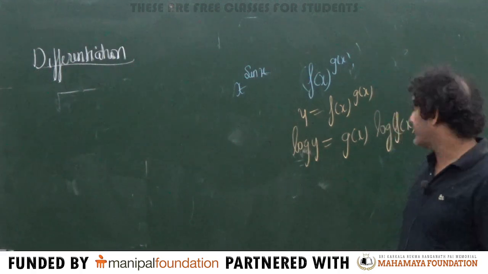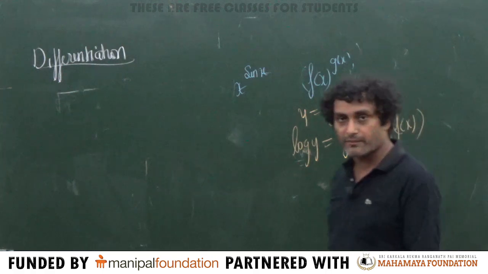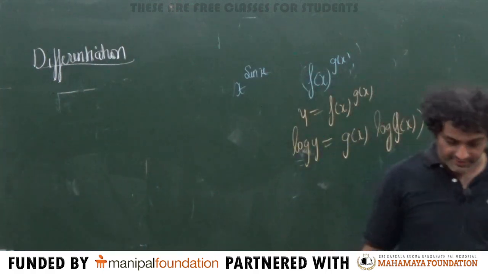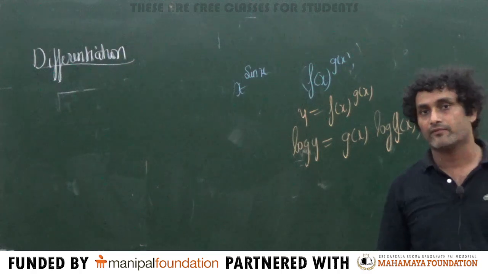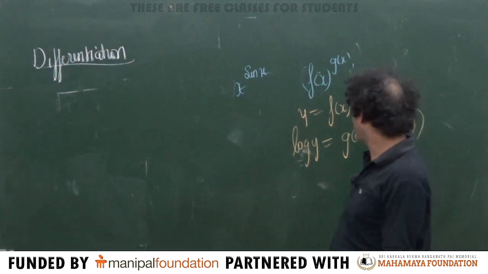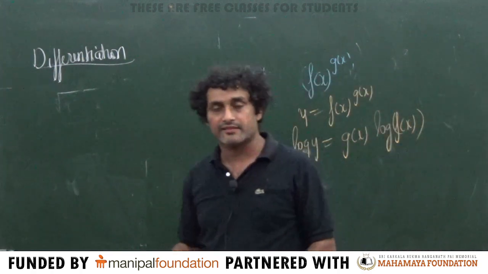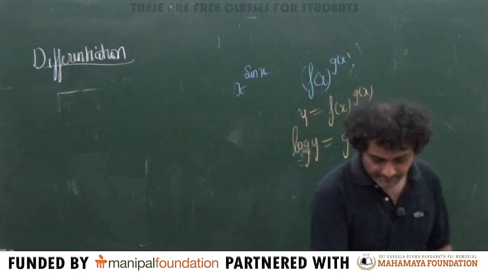Again I will repeat, differentiation d by dx of f of x to the power g of x equals f of x to the power g of x into d by dx of. No need of doing all this taking log and all that, directly write it like this.